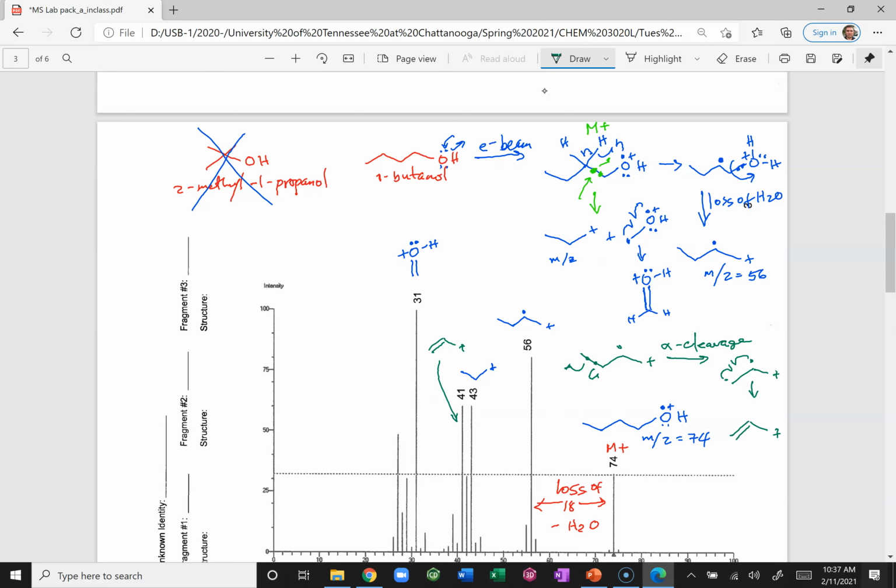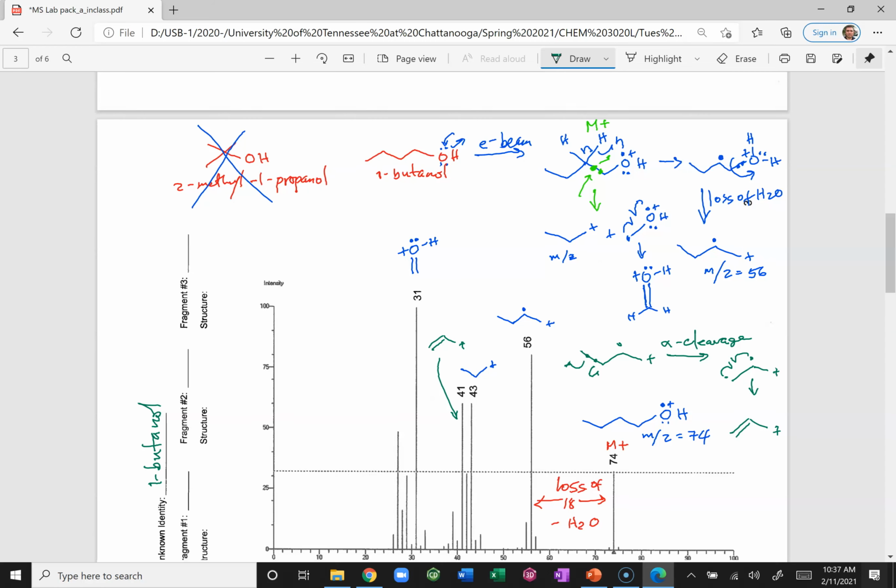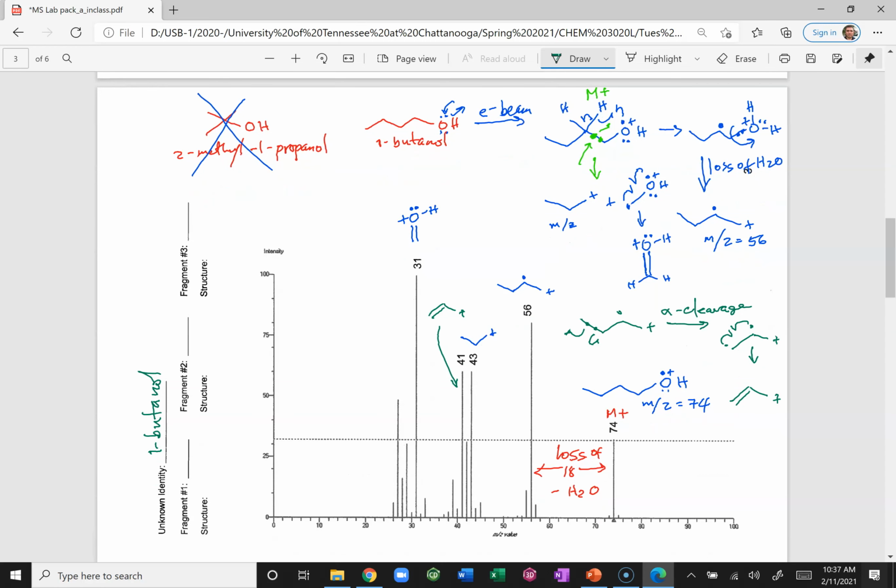So identity, this is 1-butanol. 1-butanol fragment 1 is my N plus, which is 74. Let's say 74 is my N plus. This is this guy.